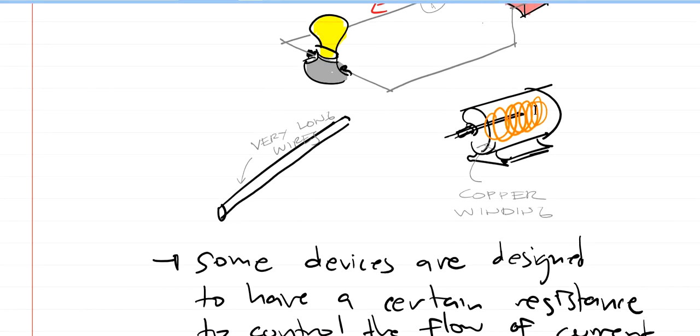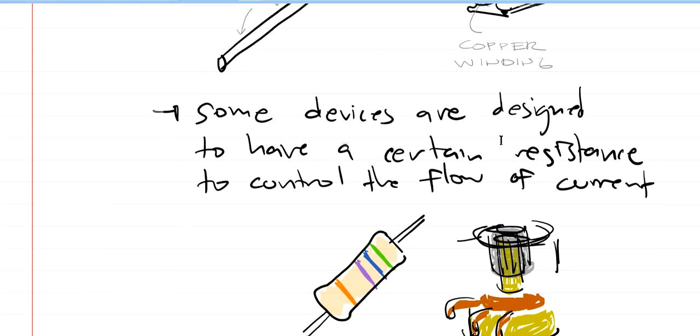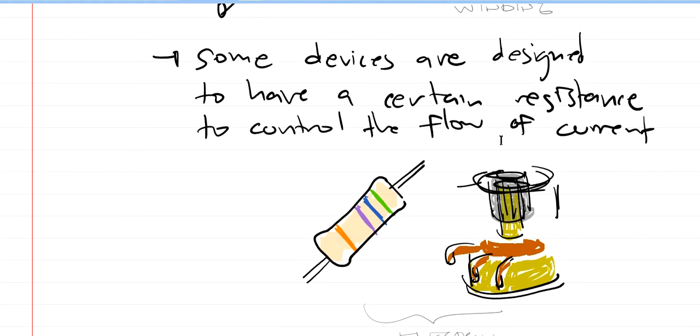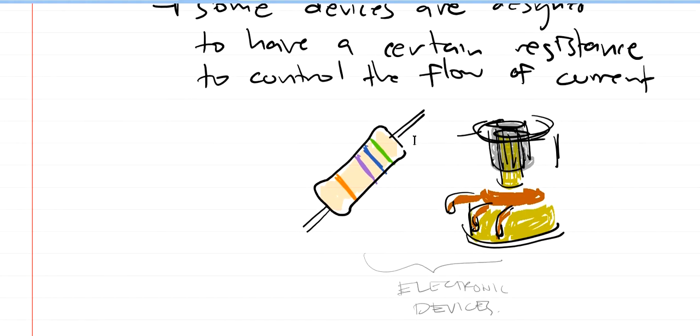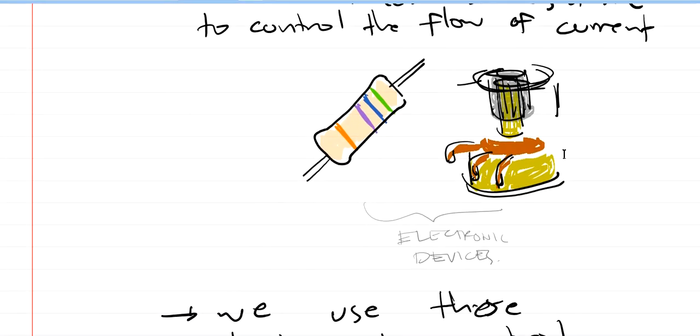And also, in electric motors, even though there are copper windings, there is a lot of material in there, and somehow there's going to be some resistance. Also, some devices are actually designed to have a certain resistance to control the flow of current. So just like right here, we have these resistors, and we have some resistors that can be controlled. I think the term here is potentiometer.